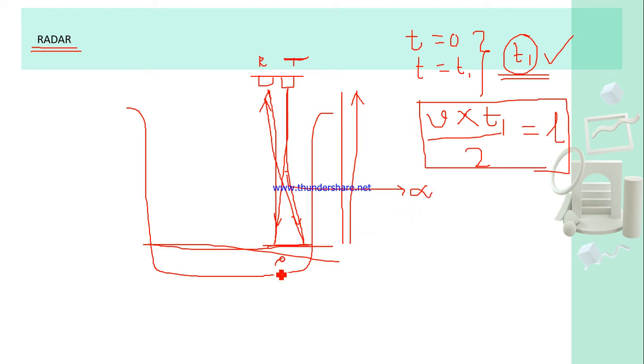As well as the dielectric constant of the liquid also should be high enough so that the attenuation, this means the absorption, is less, otherwise this also can cause some level measurement error.